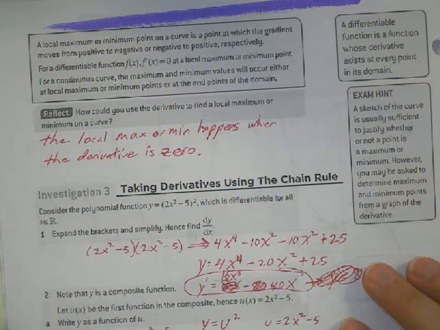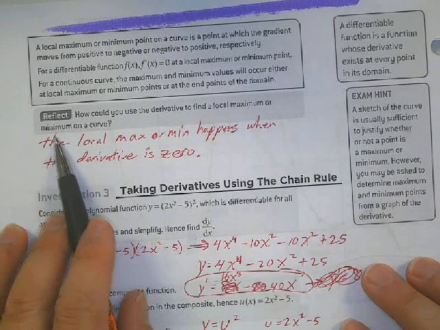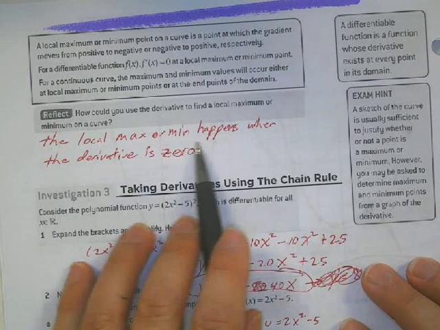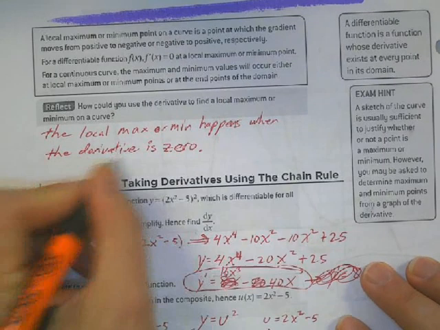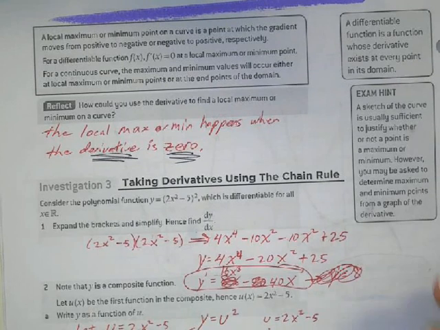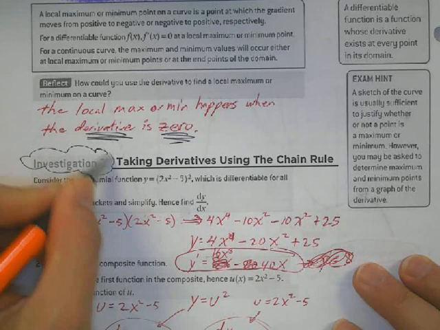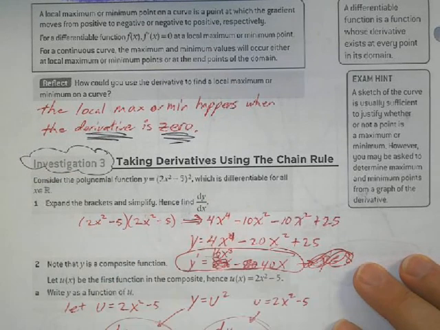And how can you use the derivative to find a local maximum or minimum? So the local maximum and minimum happen when the derivative is 0. Okay, and the next part, investigation 3, is our new lesson, taking the derivative using the chain rule.